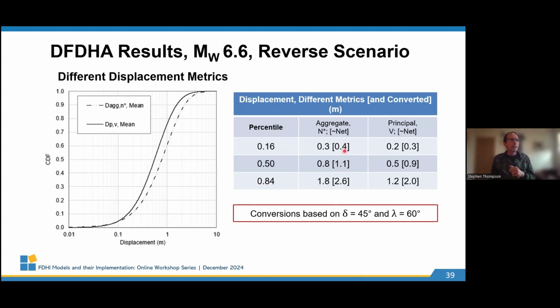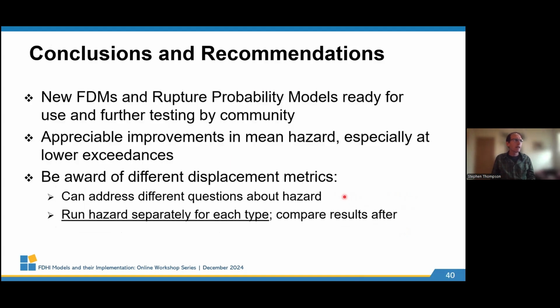And what we can see is that at the 16th, 50th, and 84th percentile, the aggregate tends to be a little less than 10% greater to about 20% to about 26% or so greater at the 84th percentile. So again, this is useful information we can bring back to a project when we talk about engineering consequences.